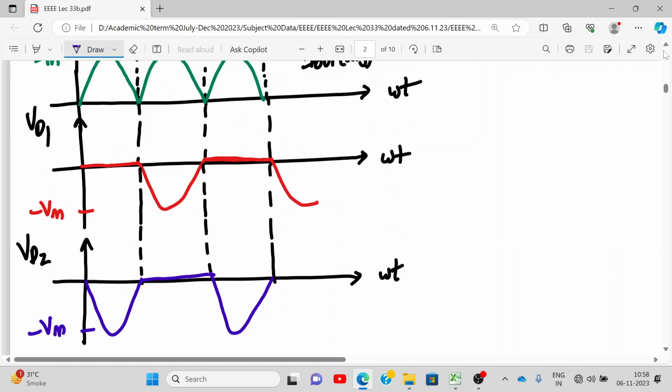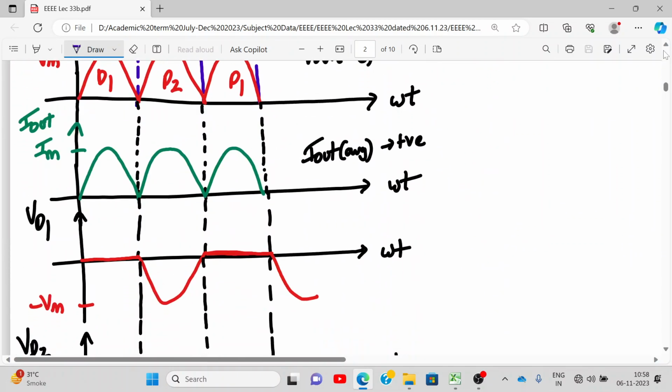So I'm giving you some work. For this full wave center tap rectifier, derive the expression for V out average and V out RMS and come tomorrow. Then I'll show you the expression for rectification efficiency. What was the rectification efficiency of the earlier one? How much did you get? 40 point something, right? 40.5 something.